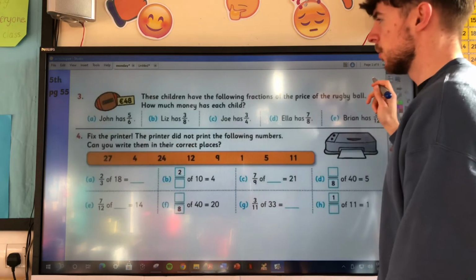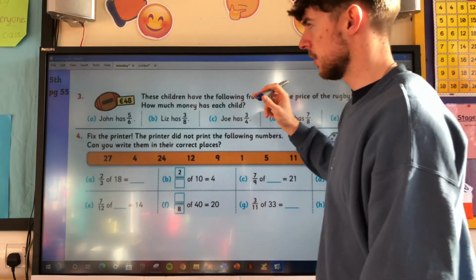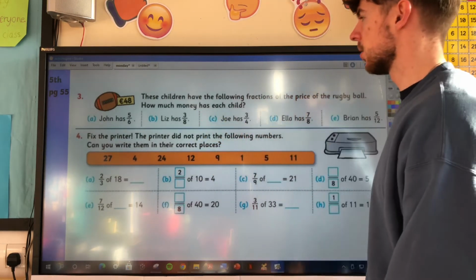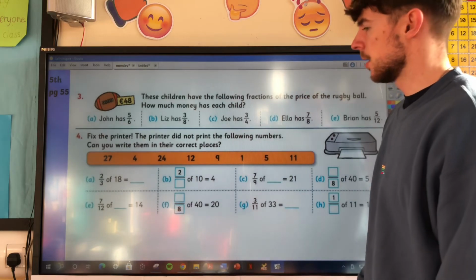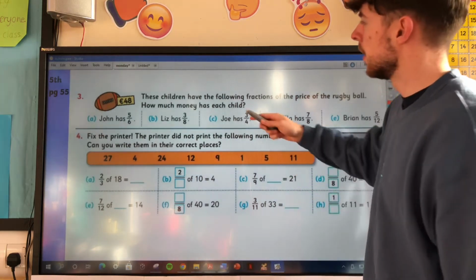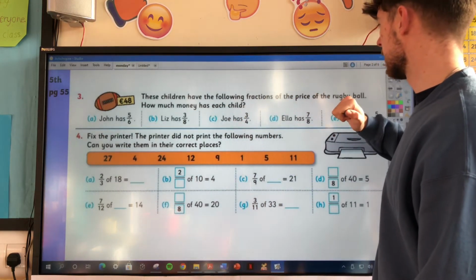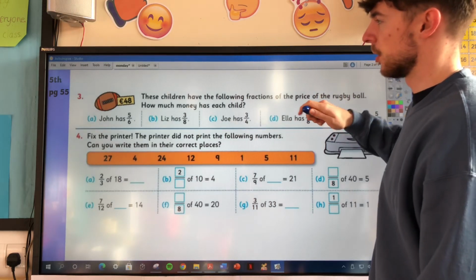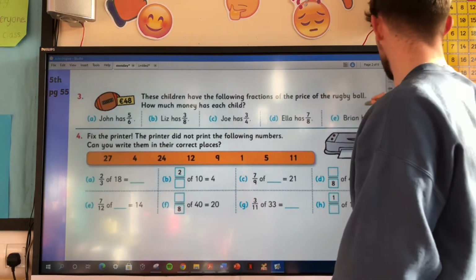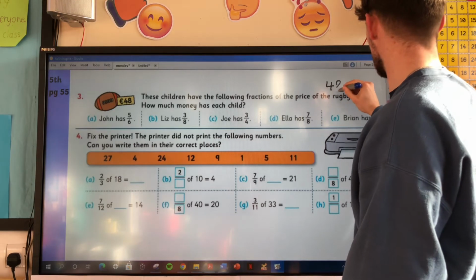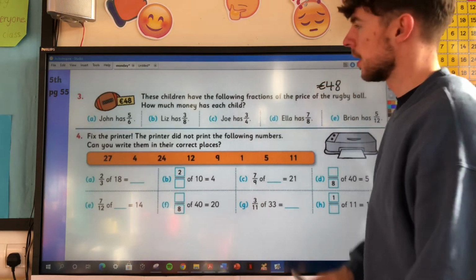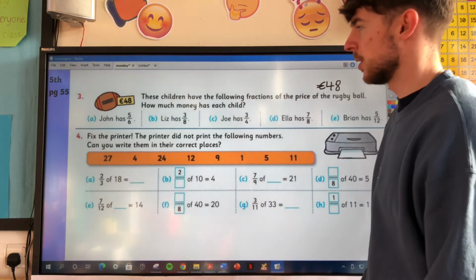Okay, and you have one more question on page 55, so 2 more. So question 3 and question 4. So these children have the following fractions of the price of the rugby ball. So the rugby ball costs €48. And how much money has each child?